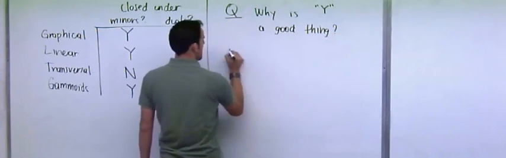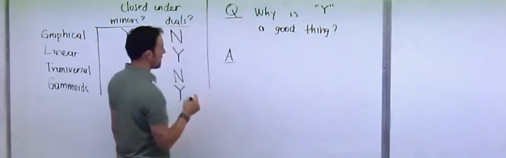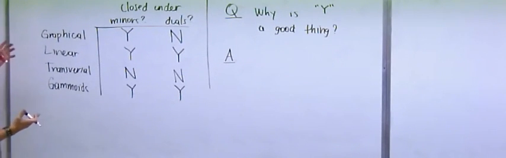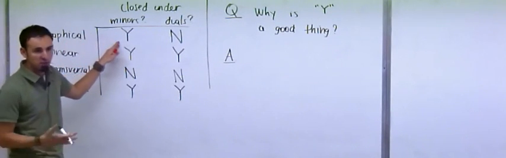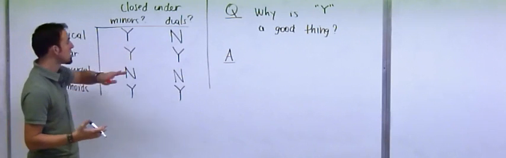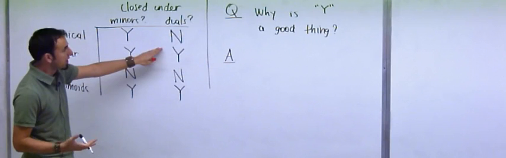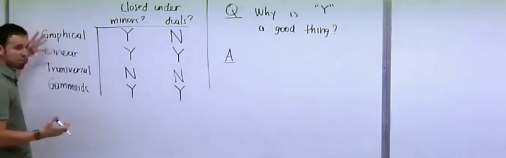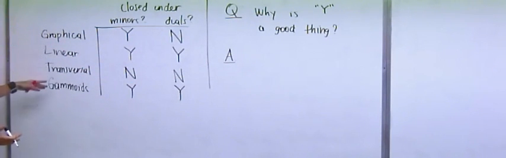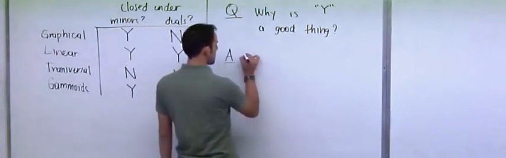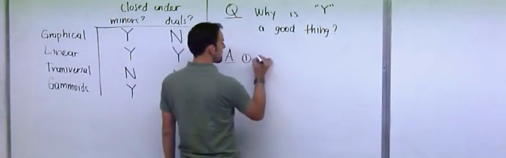There's the obvious answer that we defined minors and we saw that minors are a very, very natural operation. We defined duals and we saw that duals are a very natural operation. And it's nice that our classes that we care about behave well under these operations. So the first answer is just that it's nice.